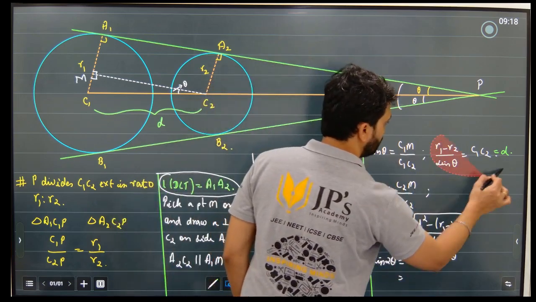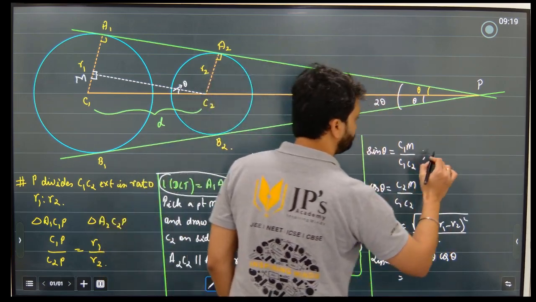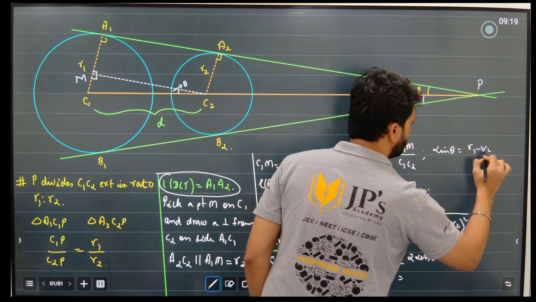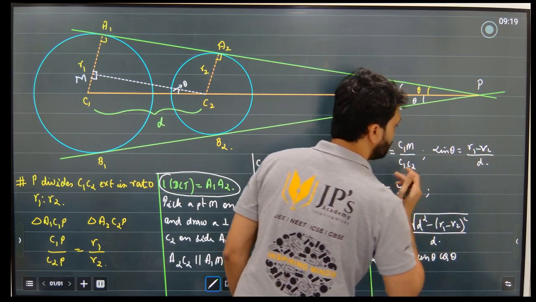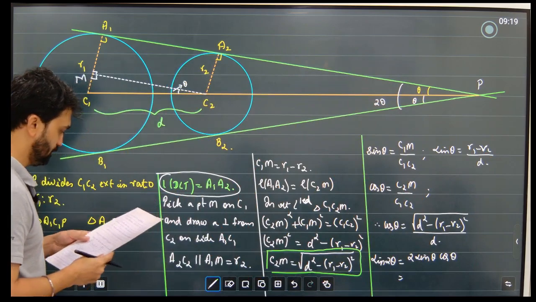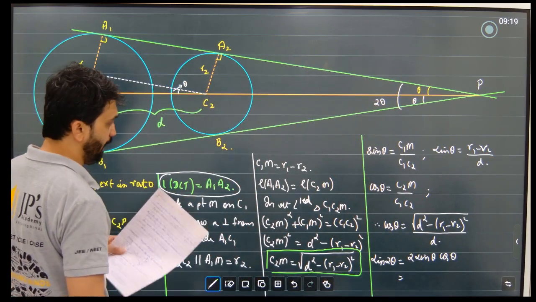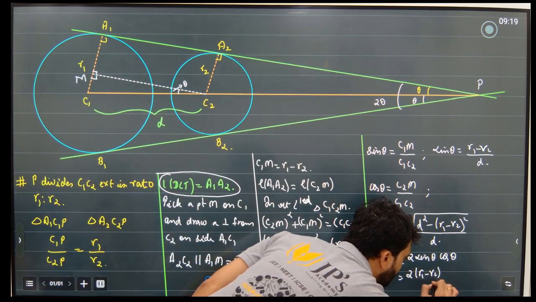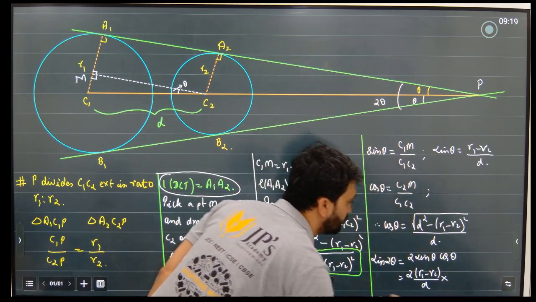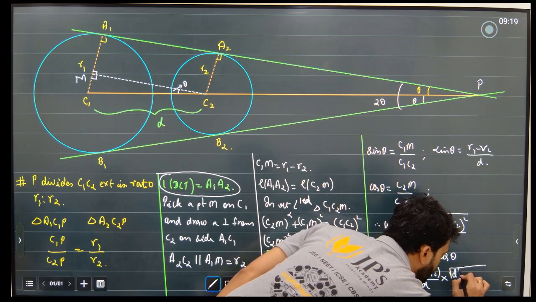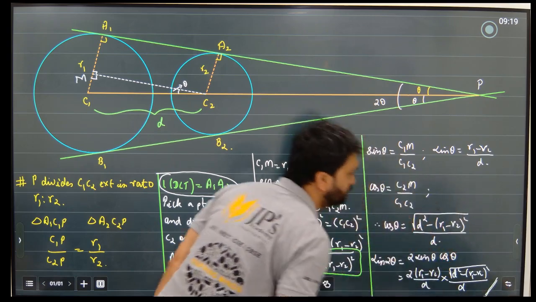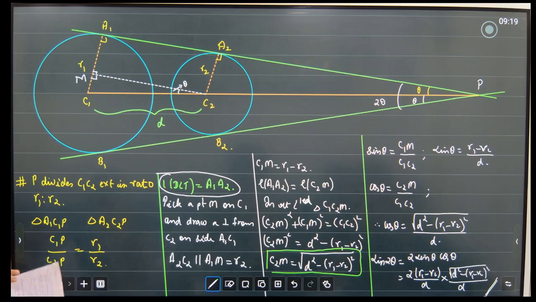So ऐसे लिखते हैं, sin theta is equal to r1 minus r2 upon d. ठीक है, this is sin theta का value, and this will become 2 into r1 minus r2 upon d into cos theta का value is under root of d square minus r1 minus r2 the whole square upon d. This is the angle between two direct common tangents.